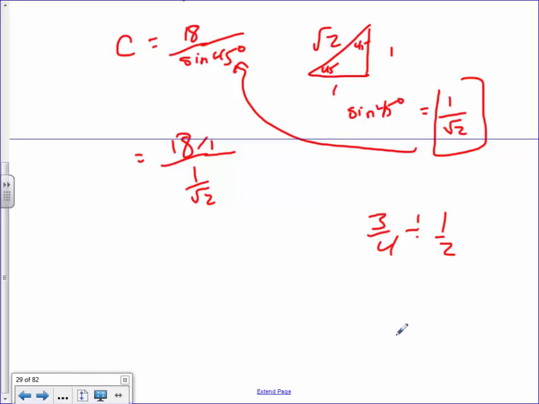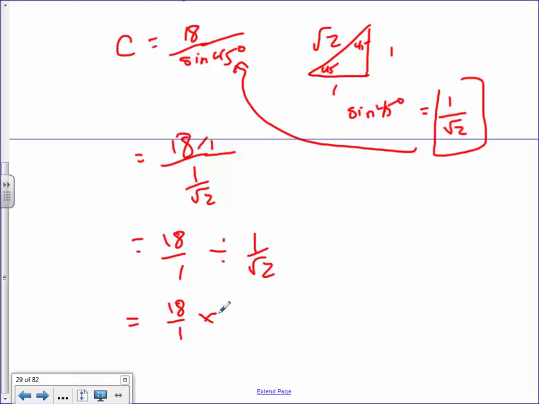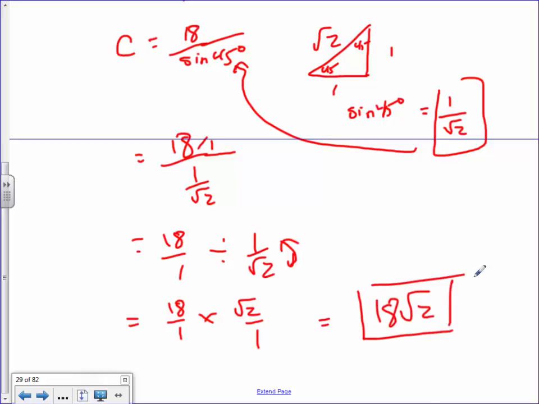So what we really have right here is 18 over 1 divided by 1 over root 2. This is the same thing as 18 over 1 times root 2 over 1. See how I've just taken the second fraction and flipped it upside down? There we go. This is my final answer as an exact value, 18 root 2.